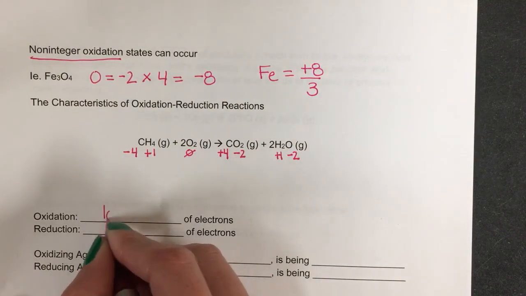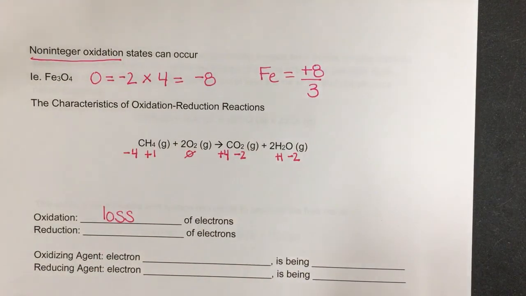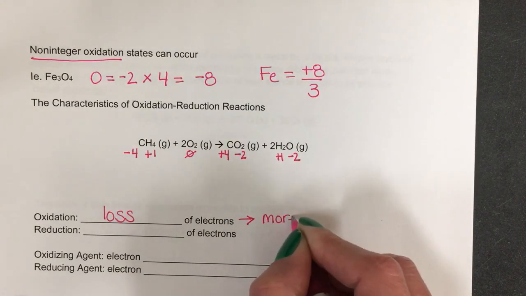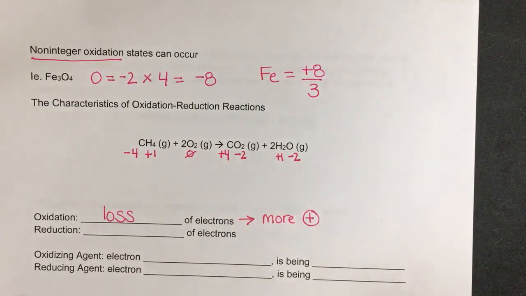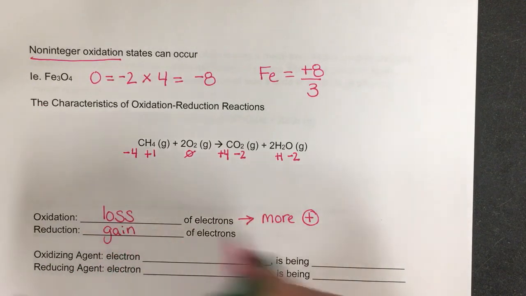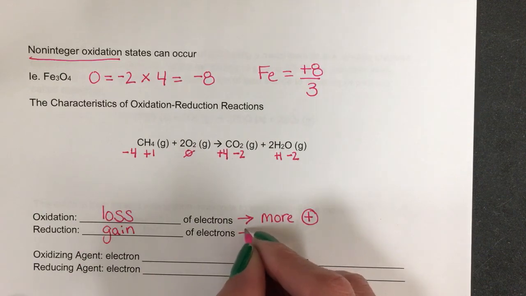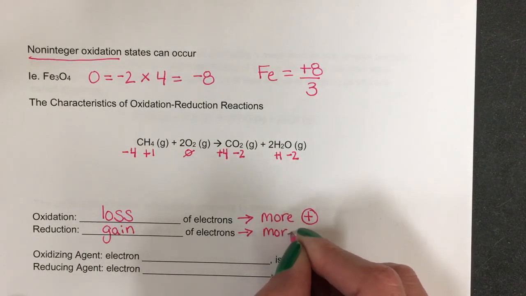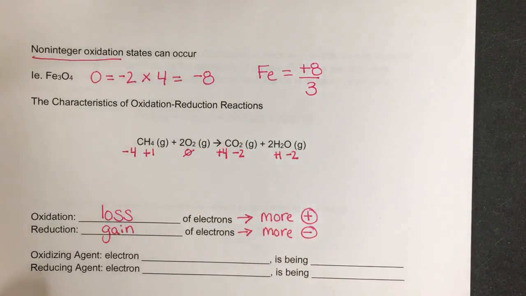Oxidation is loss of electrons. If I'm losing electrons, I'm becoming more positive. Reduction is gain of electrons. Since I'm gaining negatively charged electrons, I'm going to be more negative.